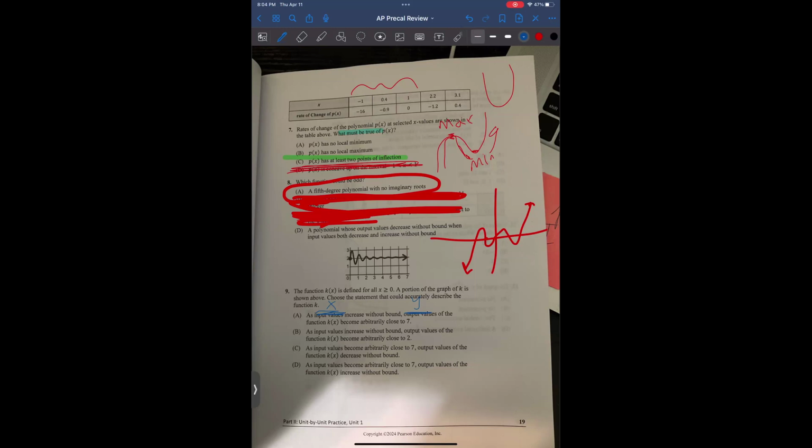I think that makes it a bit easier to understand, right? And then as x increases without bound, y values of the function become close to 2. And as my x values get close to 7, y values decrease. As x values get close to 7, y values increase.